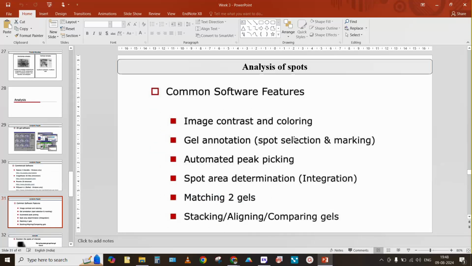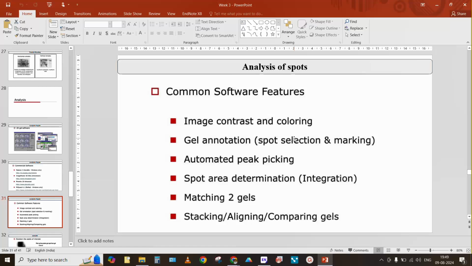Then the common software features: how the softwares can be useful or beneficial for the analysis of spots. They give image contrast and coloring. There are gel annotation features, with spot selection and marking. Then there is automated spot picking, and spot area determination, which we call integration.